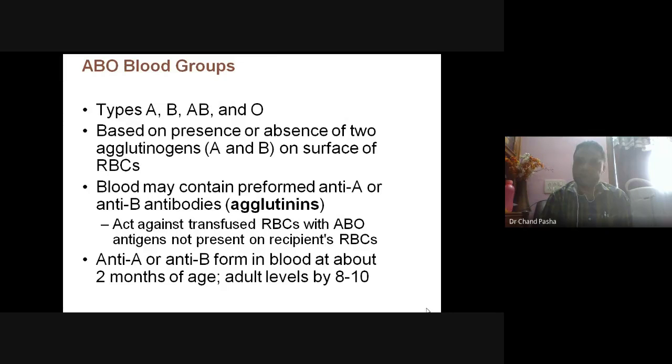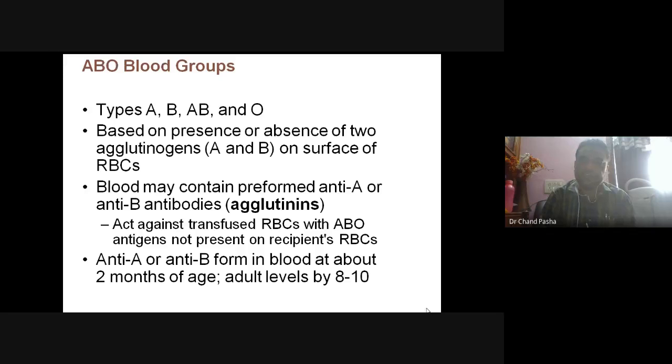And blood may contain anti-A or anti-B antibodies. If A antigen is there, the antibody will be anti-B. If the B group is there, then the antibody will be anti-A. This is the mechanism which prevails to prevent the transmission between non-similar groups.